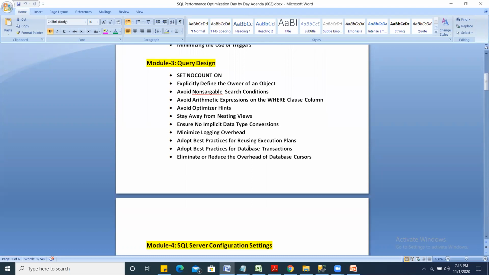Next is your query design. This is a very important part of performance tuning. Although you are an administrator, you must have very good knowledge of query designing, because nowadays questions are being asked from query designing in DBA interviews, like what is a covering index, why you create it, what is a lookup operator, and what are the different kinds of lookup operators.